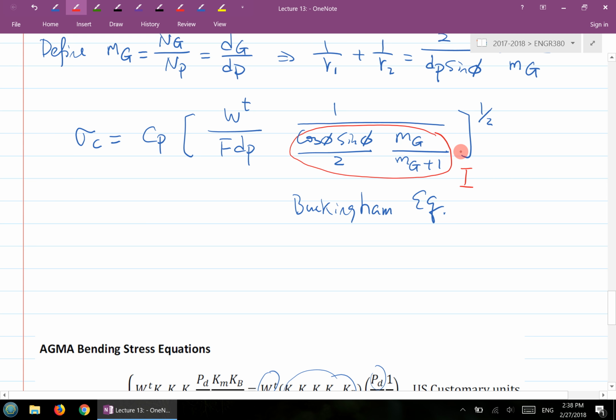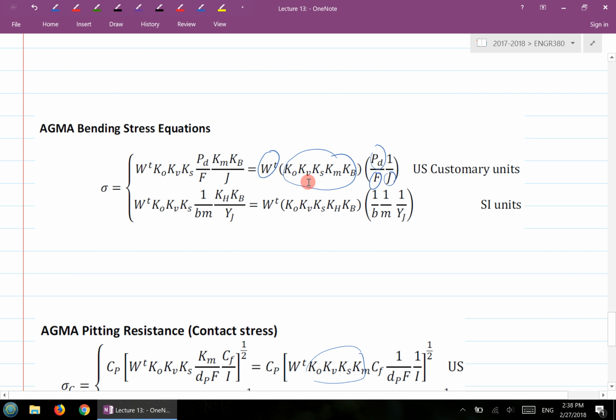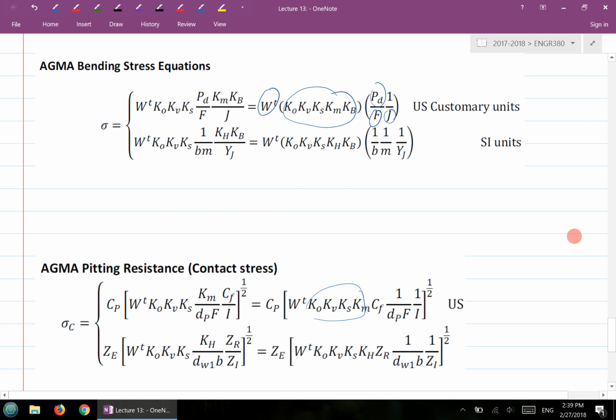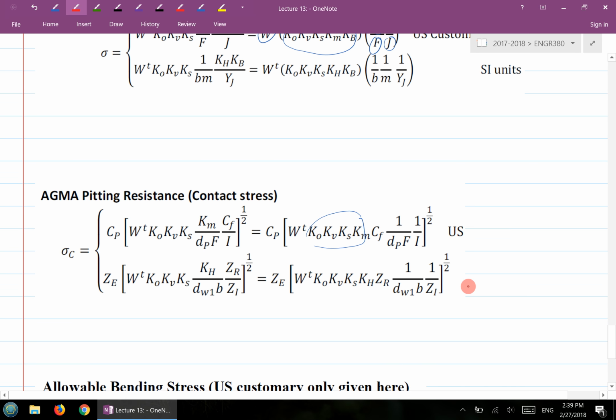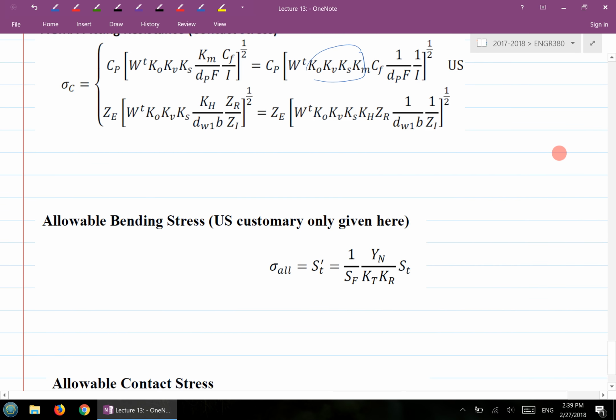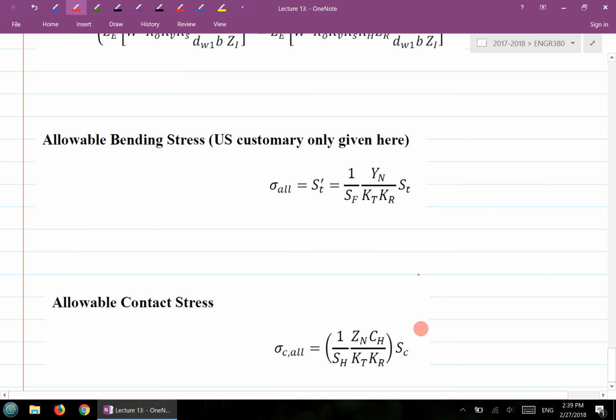In today's handout, on the first page, there's the AGMA bending stress equation for two different types of units, and the AGMA contact stress for two different types of units. Then there are two more equations down there on the first page. Those two equations are basically the strength equations.